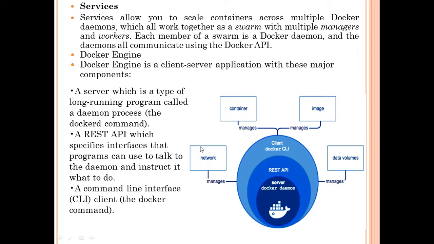Now, what can we manage from this? We can manage networks, data volumes, images, and containers. All these things can be managed by using Docker's client CLI interface. So generally, most of the work which you are going to do on Docker will be using the command line interface only.